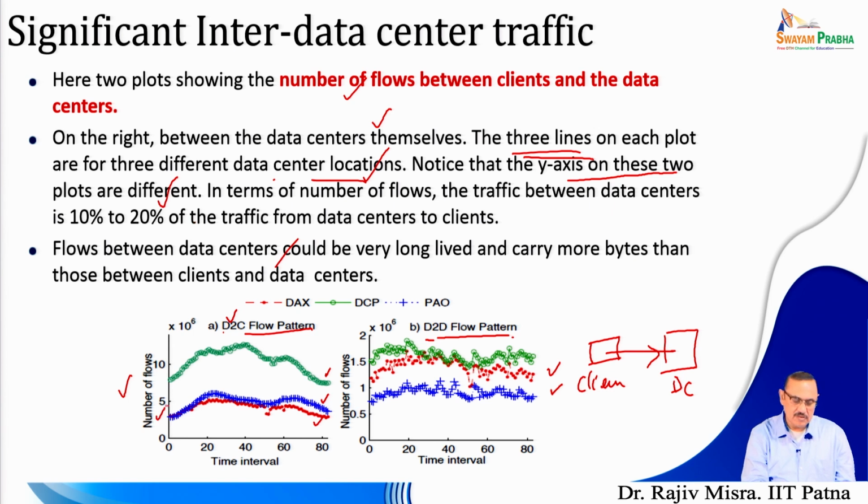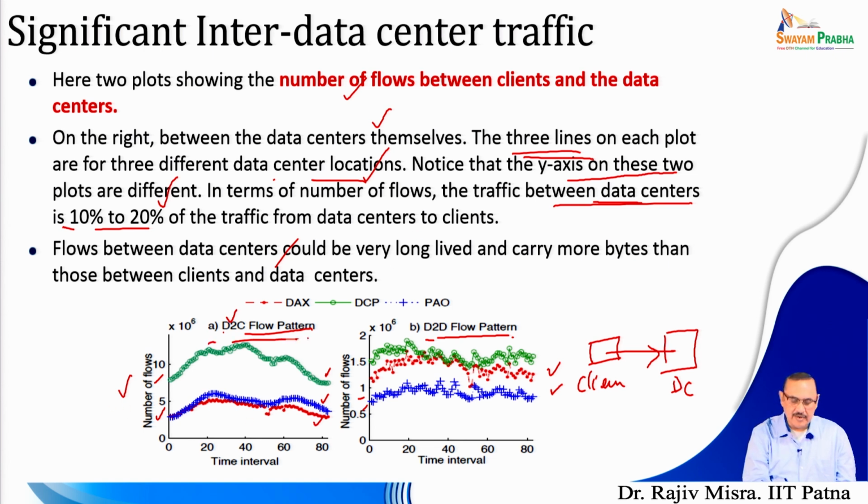Here the number of flows is 5 and 10 multiplied by 10 raised to the power 6, and here 0.5 and 1 multiplied by 10 raised to the power 6. So, in terms of the flows, the traffic between the data centers is only 10 to 20% of the traffic from data center to the client.